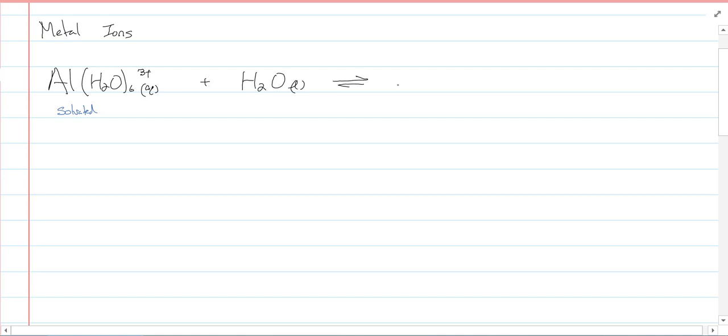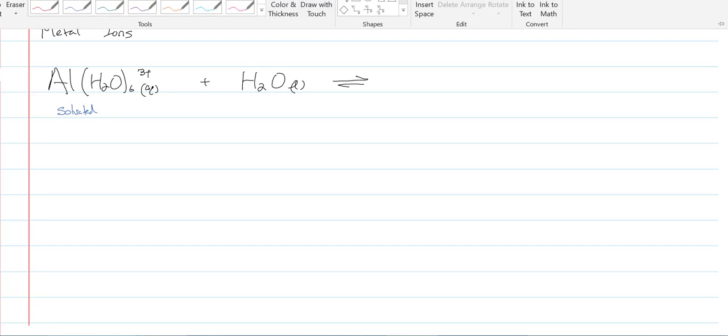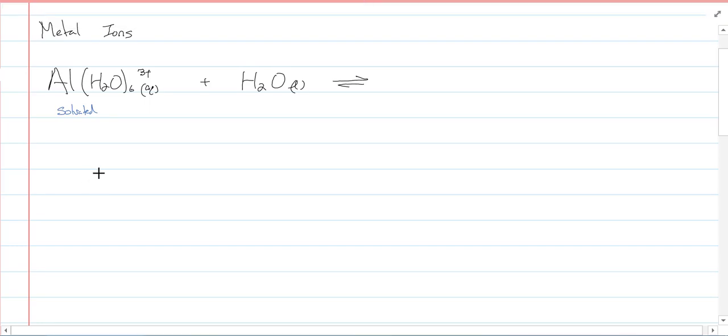What can happen here is that the solvated ion for aluminum is a small little ion here, Al3+, I have my waters, and oxygen is around, and it makes a coordinate covalent bond.